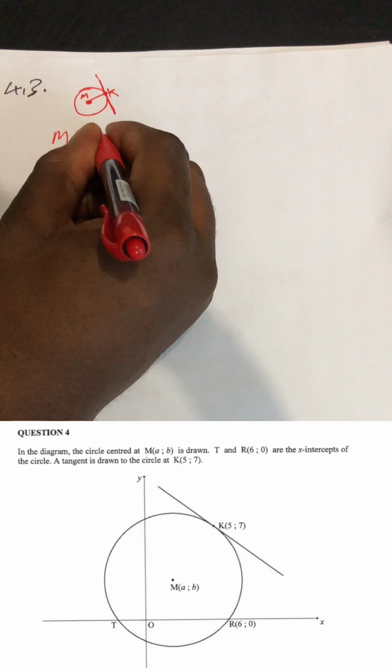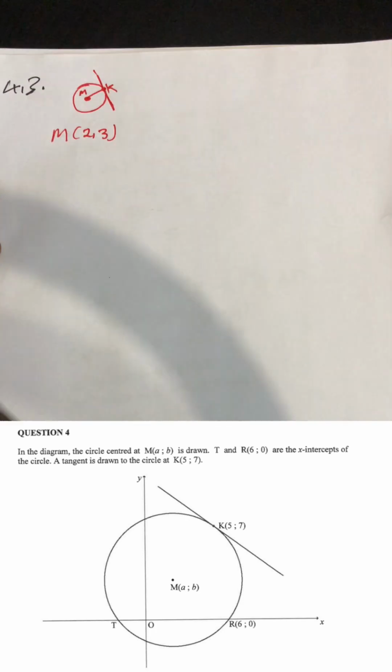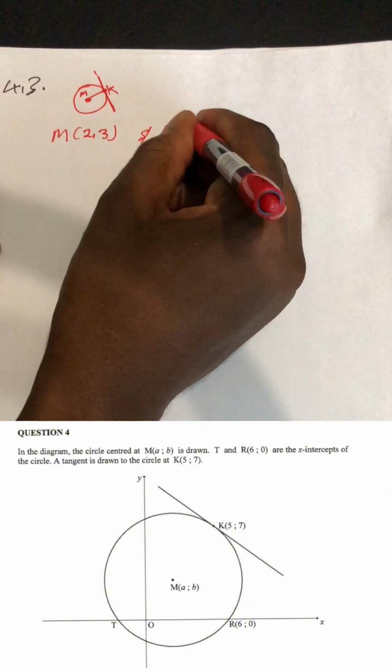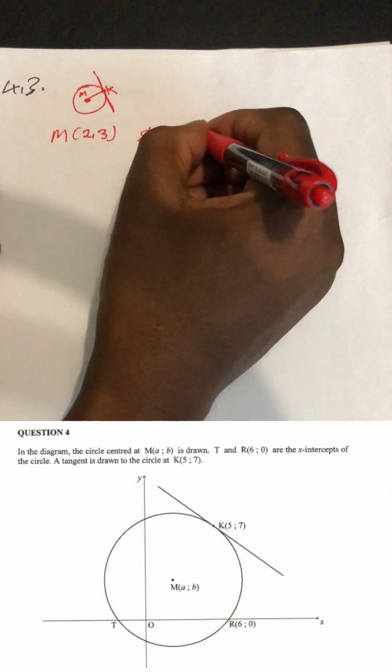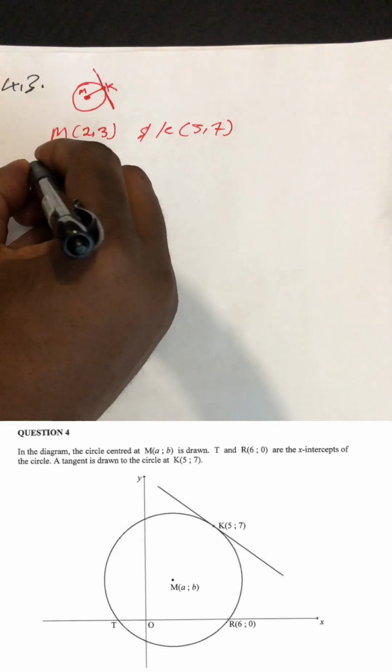So let's do that. We must not forget that M is (2;3), and K is (5;7). So let's calculate the gradient of that line.